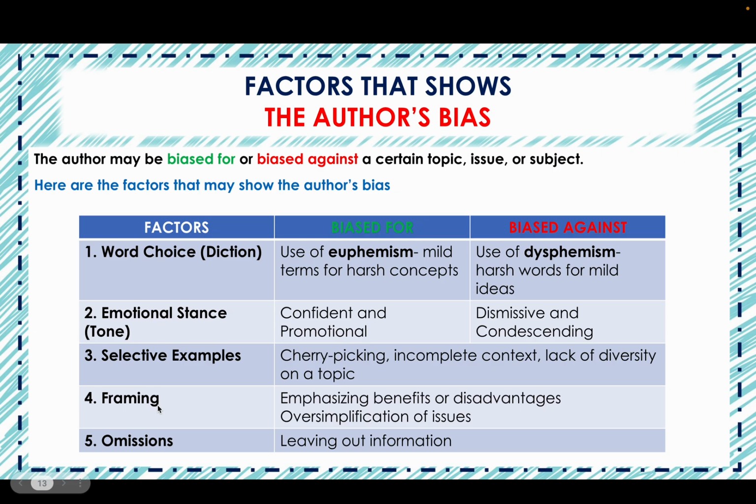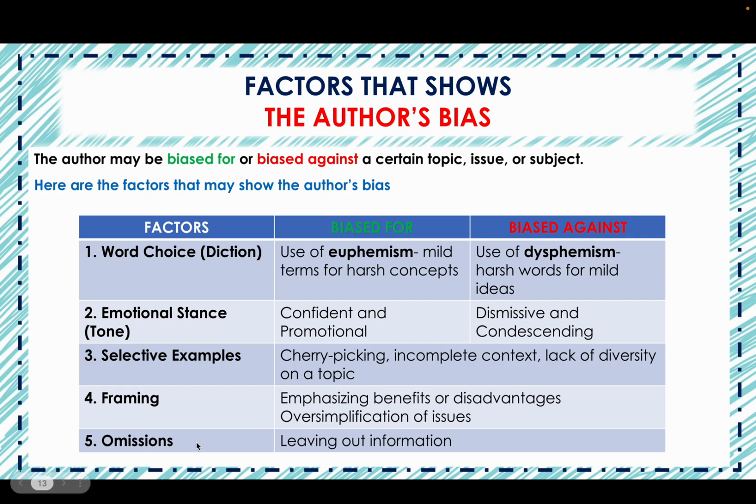Framing is another factor, emphasizing benefits if he's biased for that topic, or emphasizing disadvantages if he's biased against the topic. If he's biased against something, he will oversimplify issues.